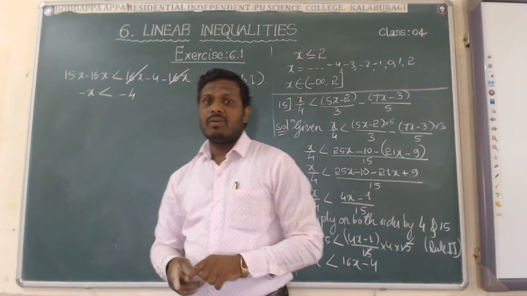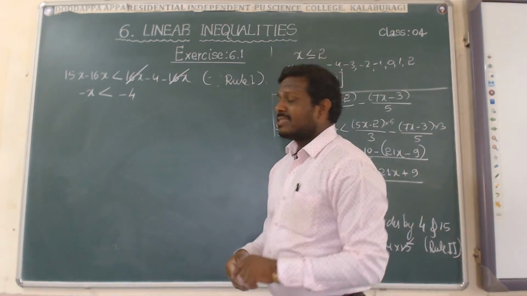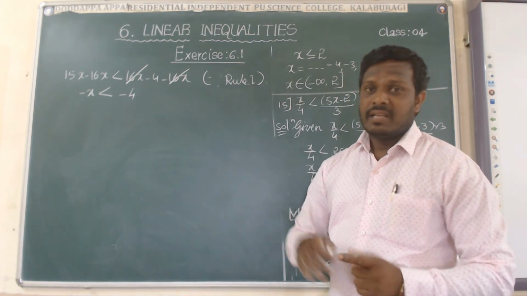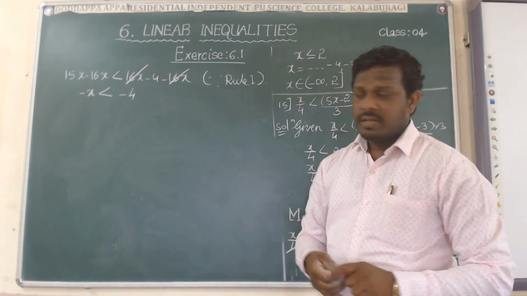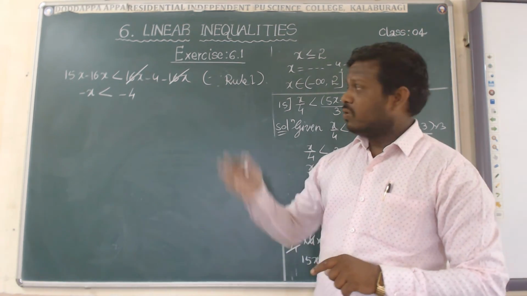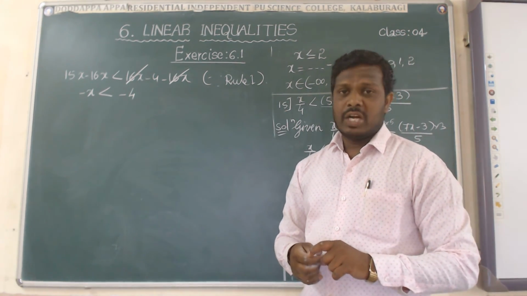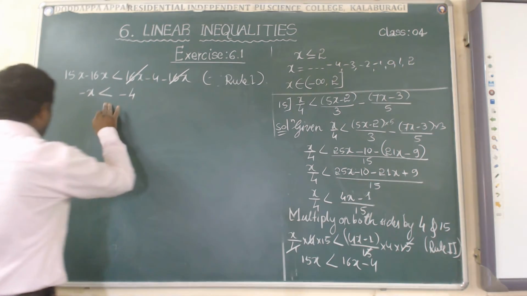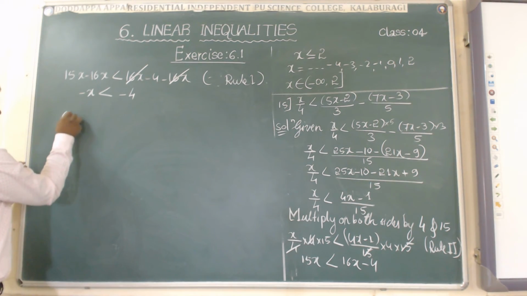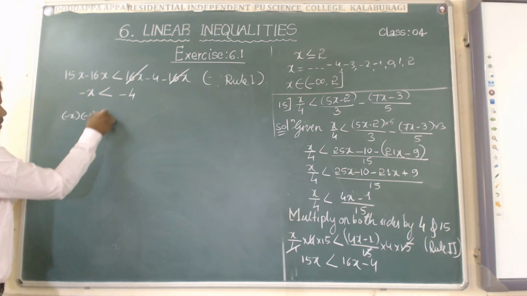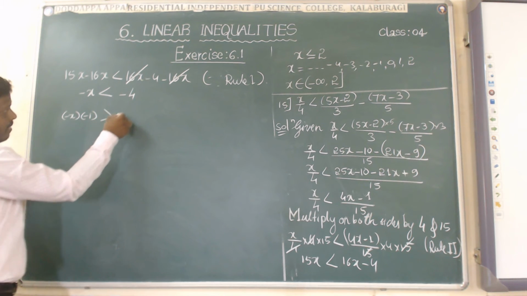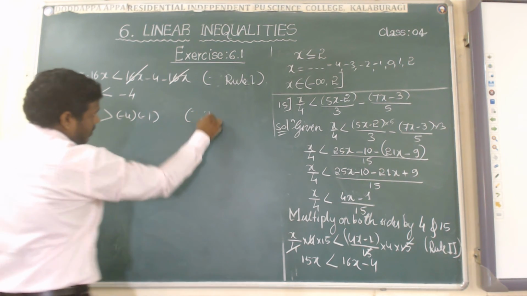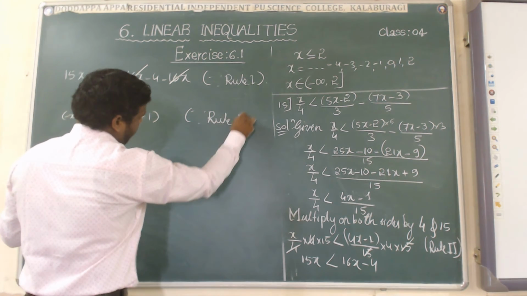In this statement the coefficient of x is negative 1, which we convert into positive 1 by using the second rule. So multiply both sides by negative 1. Minus x into minus 1, then the sign will be reversed, minus 4 into minus 1, because of rule second one.